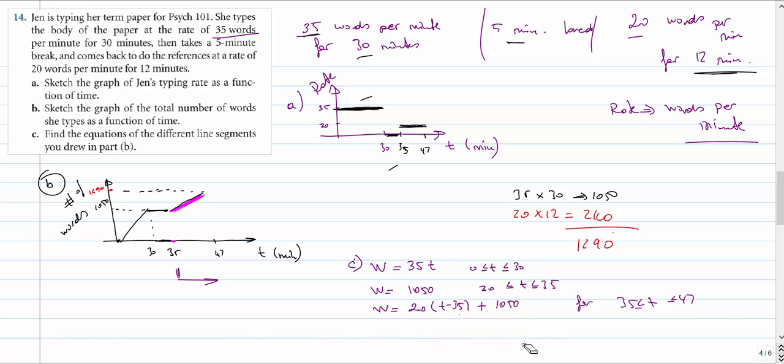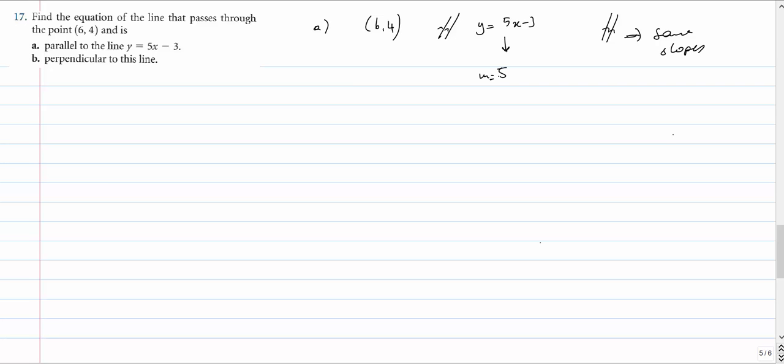Okay. Next question is problem 17. Find the equation of the line that passes through the point (6, 4) and is parallel to the line y equals 5x minus 3. Parallel gives you the same slopes, and the slope for this line is 5. So I'm going to use 5 and (6, 4) to find the equation of the line.